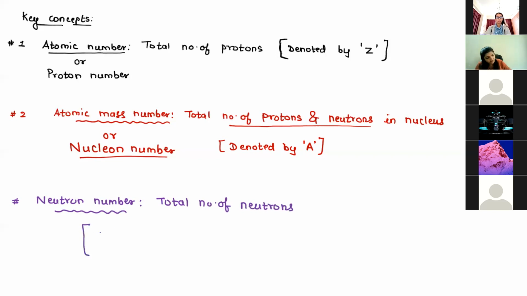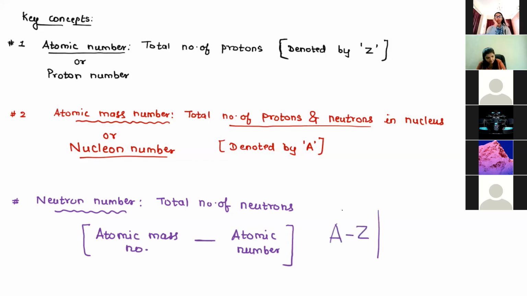Neutron number is the atomic mass number minus the atomic number, so it is A minus Z. So three concepts: atomic number, also called proton number; atomic mass number, also called nucleon number; and neutron number, which is a big number minus a small number, that is, atomic mass minus atomic number. Please take a screenshot of this.